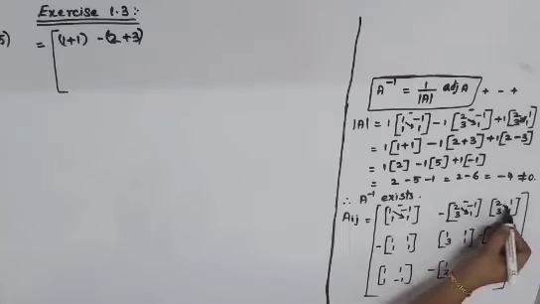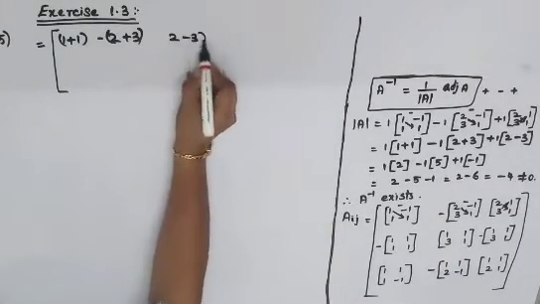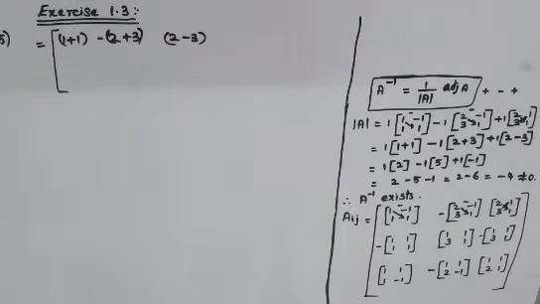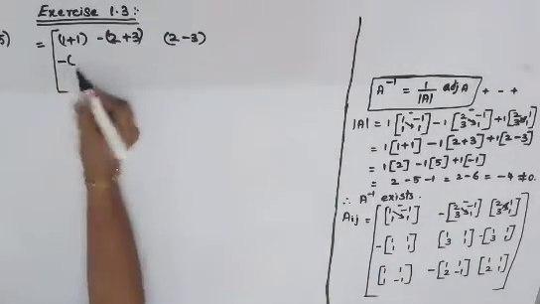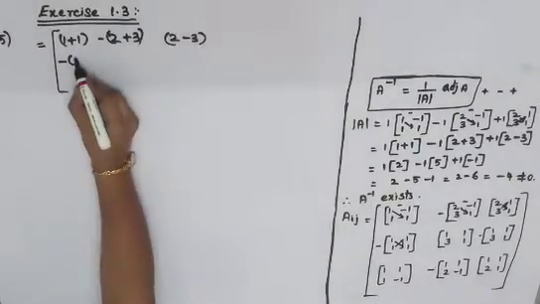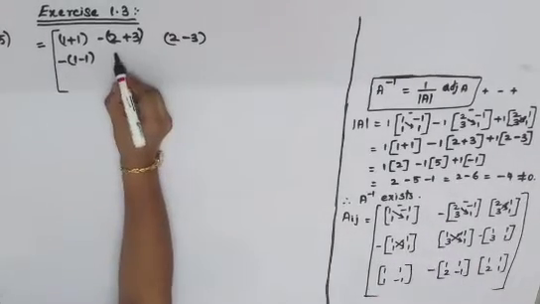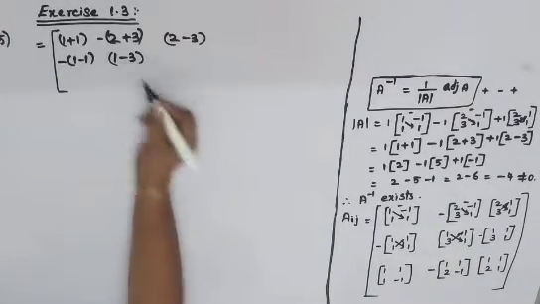Then here 2 minus 3. The second row, minus, open your bracket. 1 ones are 1, again here 1 ones are 1, so 1 minus 1. Then here it is 1 ones are 1, 3 ones are 3, minus will be there. So 1 minus 3.